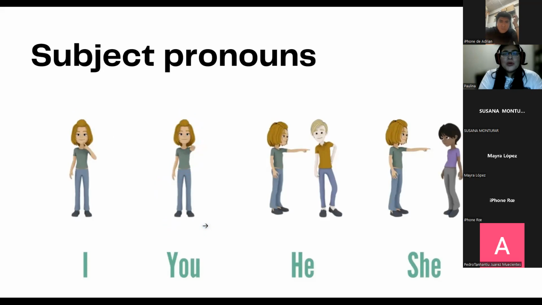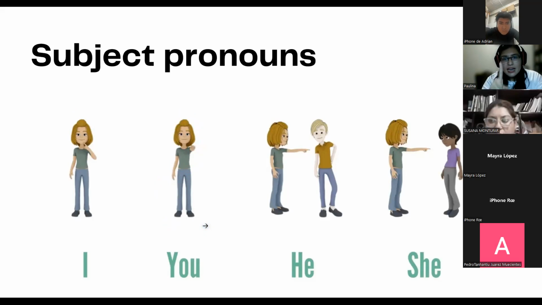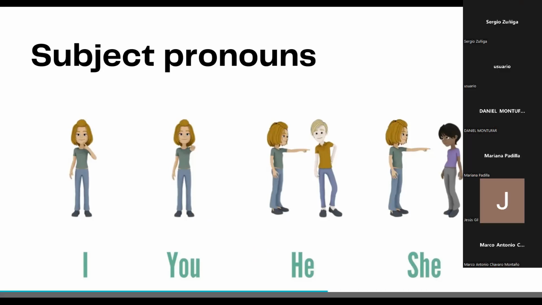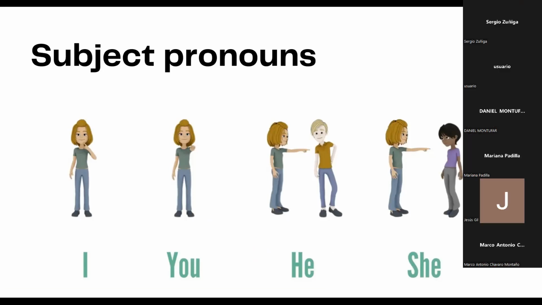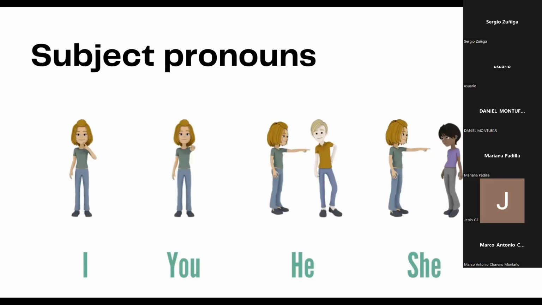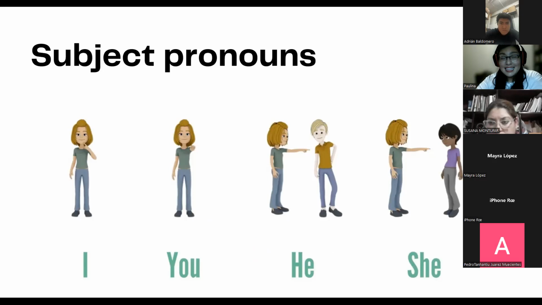Next, I have the pronoun he. I'm going to use the pronoun he for one man. One man. So I would use the pronoun he for Adrián, for Pedro, for Marco, for Daniel, for Octavio, etc. All them men. That's he. She, I'm going to use it for women.